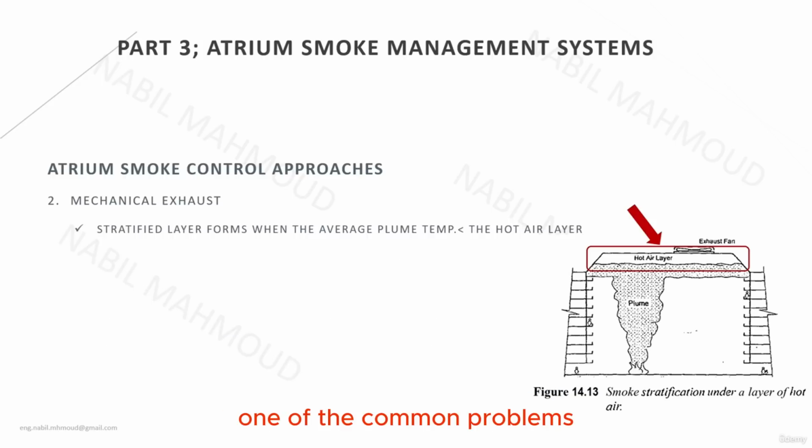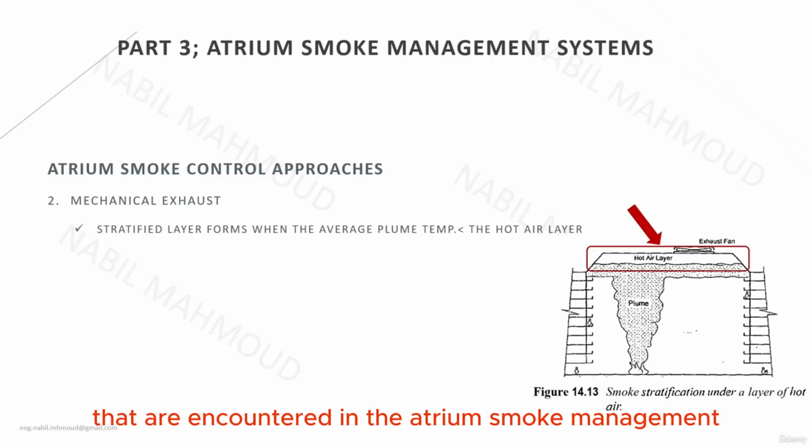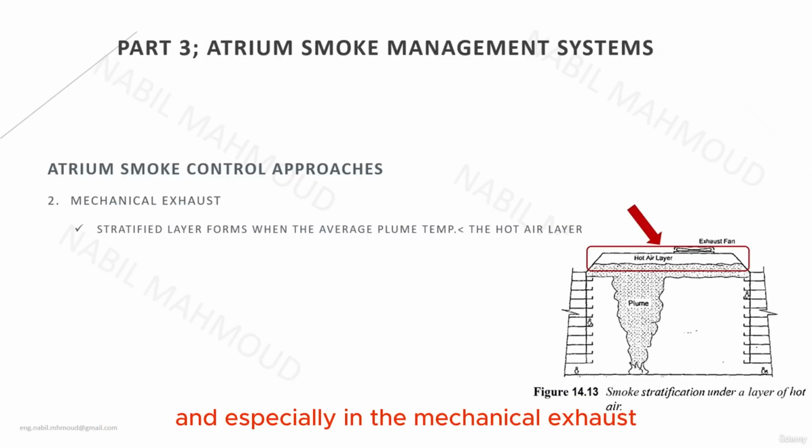One of the common problems encountered in atrium smoke management, especially in the mechanical exhaust smoke approach, is the stratified hot air layer. A stratified layer forms when the average plume temperature of the smoke is less than the hot air layer temperature. The hot air layer, which we can see on the figure on the right side of the screen, is the layer at the top of the atrium.